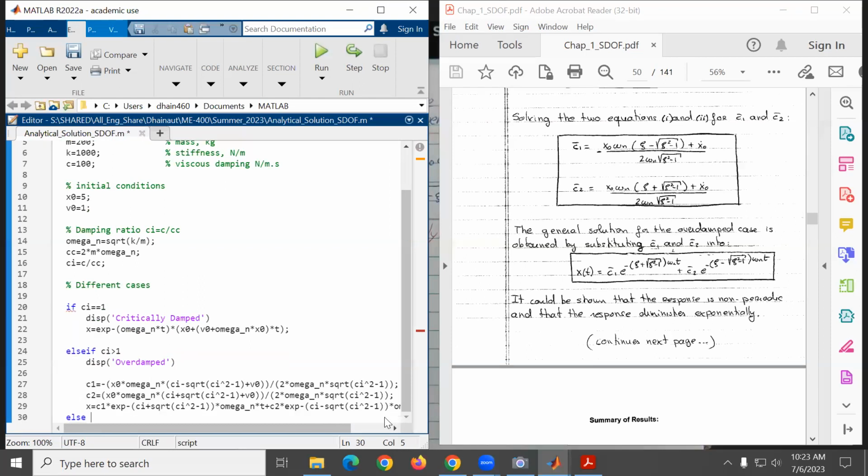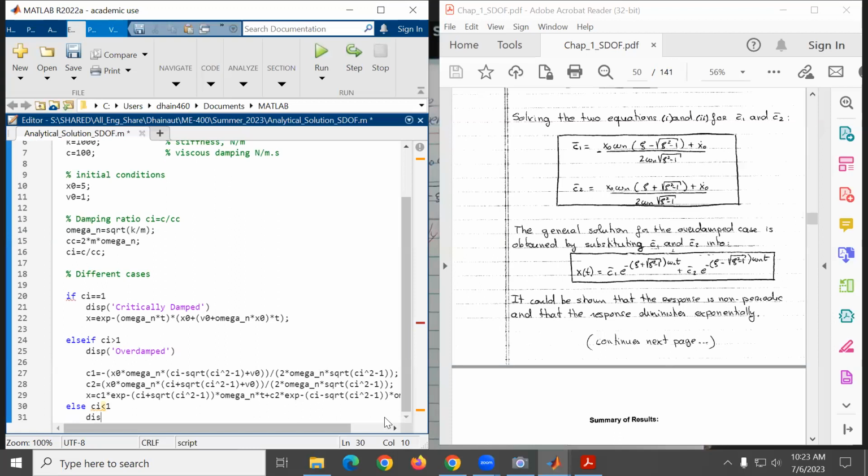Else, if C lower than 1, we can write display underdamped solution.